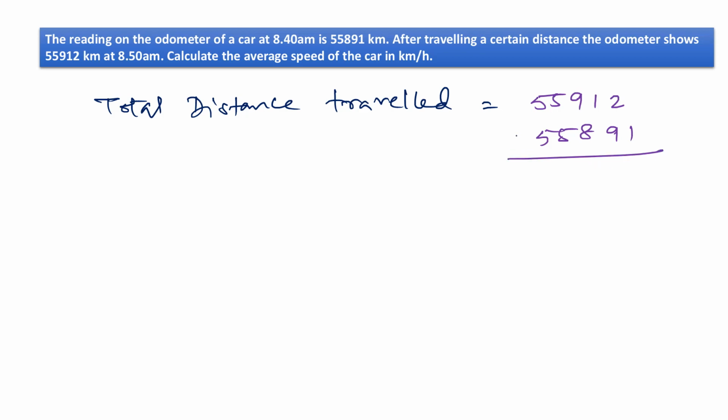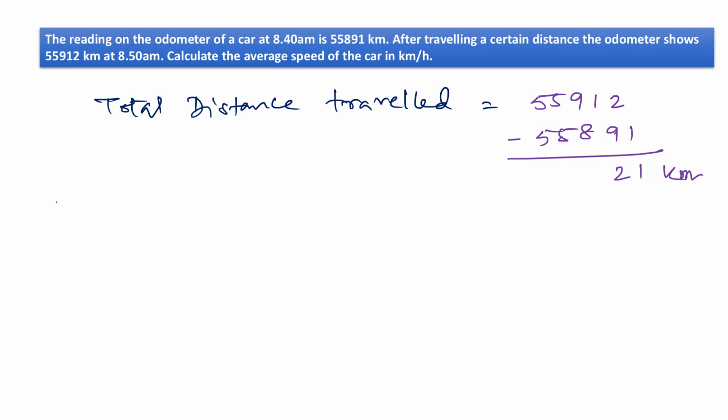We have to subtract the distances. Okay, so whenever we are subtracting, how much am I getting? Only 21 I am getting. So 21 kilometer is the traveled distance by the car.